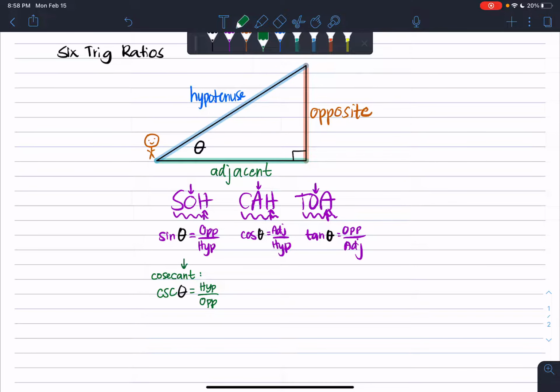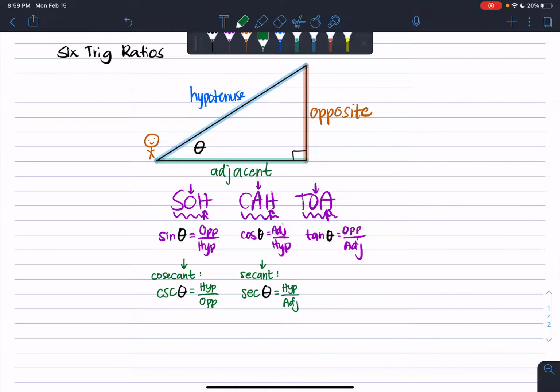All right. Next, we get the reciprocal of cosine, which gives us secant. So the secant is abbreviated with SEC, and we say the secant of theta is equal to, this time it's hypotenuse over adjacent.